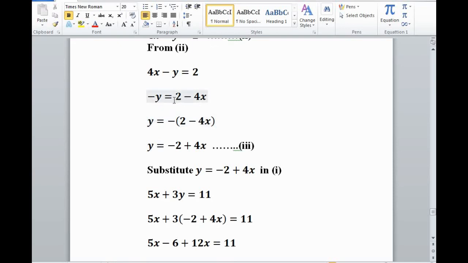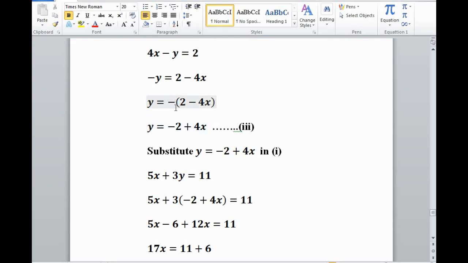And I will also multiply the right side, 2 minus 4x, by negative 1, or simply by a negative sign. When we multiply this negative sign by positive 2, minus multiplied by plus 2 is minus 2. And if we multiply the negative sign by negative 4x, then minus multiplied by minus is positive 4x. So this is our equation 3.